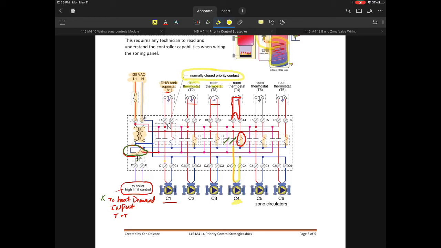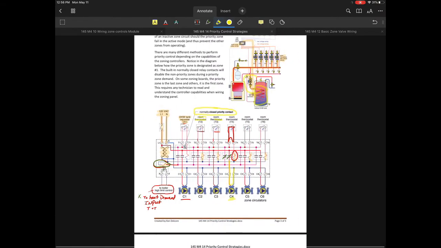Of course, C4 has 120 delivered to it, so your pump is now going to be functioning. And this is going to be true of anywhere from C2 all the way to C6. If any one of those respective room thermostats has a demand, every one of those is going to function the same way. And they're all completely isolated in a nice zoning panel, which is fantastic from a troubleshooting standpoint.